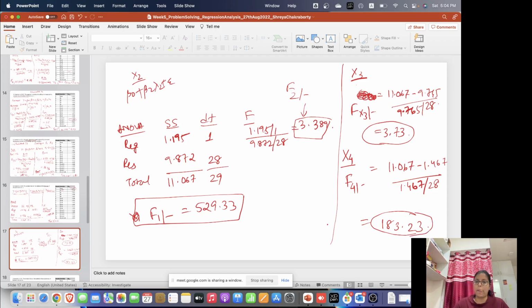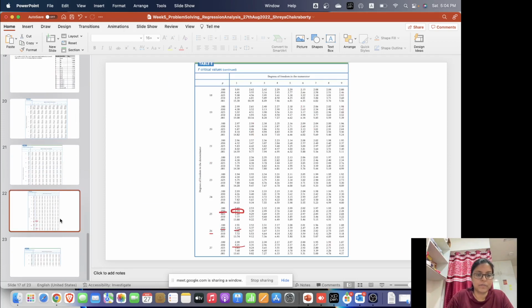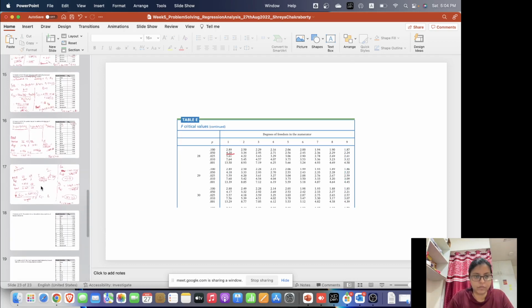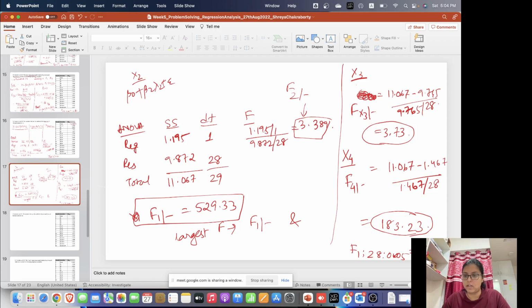Out of these four, the largest is this one, the largest F is F1 given when nothing is there, and we have to check whether it is greater than F(1, 28, 0.05). Okay, this value we have to check. So if we go to the tables directly, this is 28, the value is 4.2. So F1 is largest and it is also greater than 4.2.